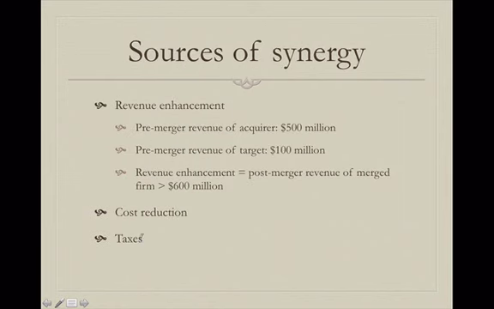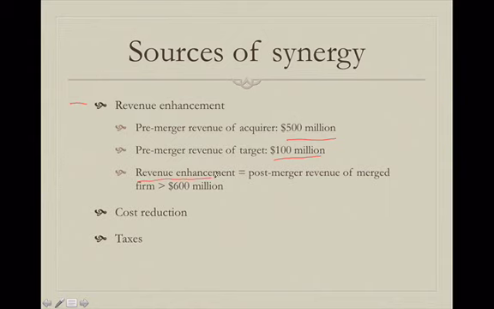Essentially, there are three different sources of synergy. Post-merger, the revenue of the merged firm might be greater than the sum of the revenues of the pre-merger separate firms. So just to bring this concept alive, suppose you have an acquirer and pre-merger the revenue of the acquirer is $500 million. For the target, the pre-merger revenue is $100 million.